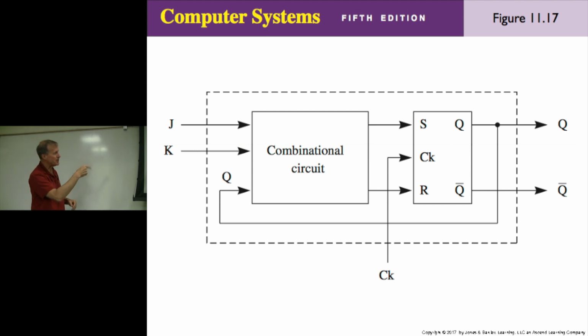And the way we make this whole thing act like a JK is we stick a combinational circuit in the front of the SR flip-flop, and we have our J and K going into that combinational circuit. Also, now there's some feedback. You see there's some feedback from the Q of the SR flip-flop around into the combinational circuit. Now you understand that inside the SR flip-flop, there's this.